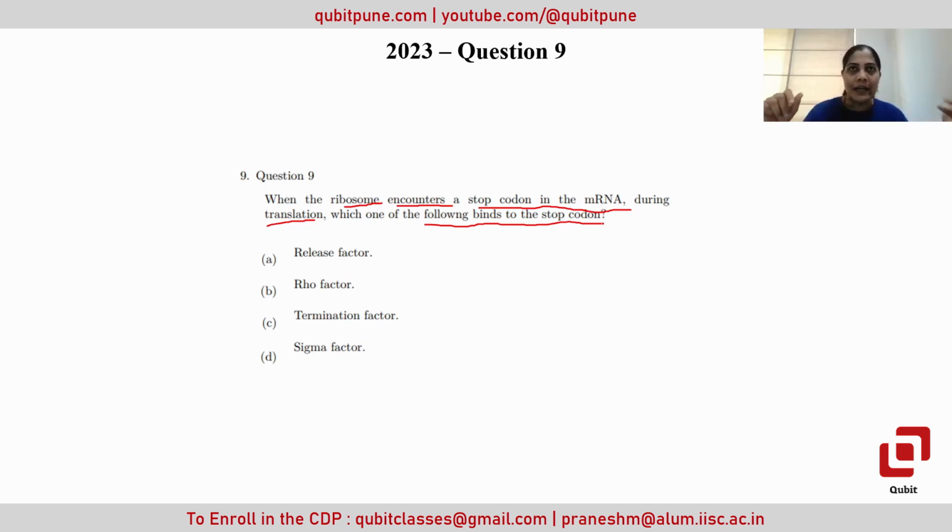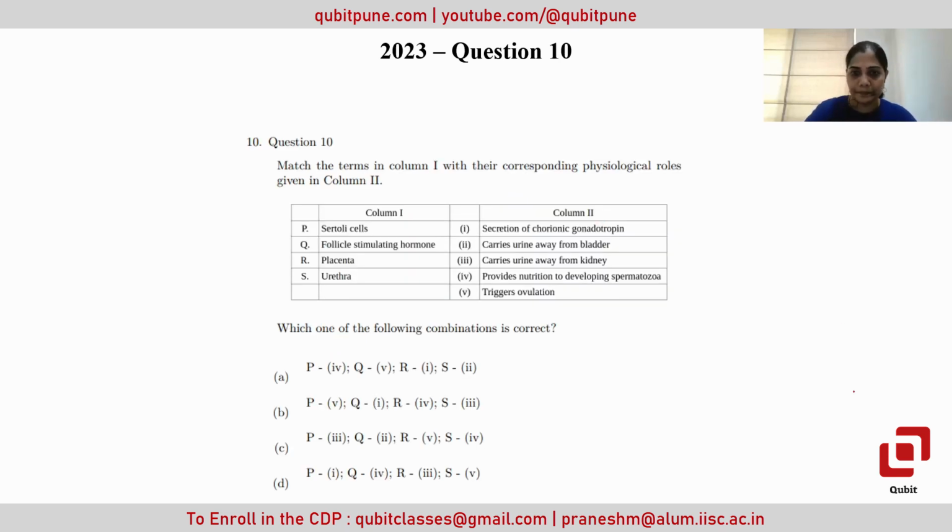So eRF1 and eRF3 are the two release factors associated with the eukaryotic translation termination process. Next.